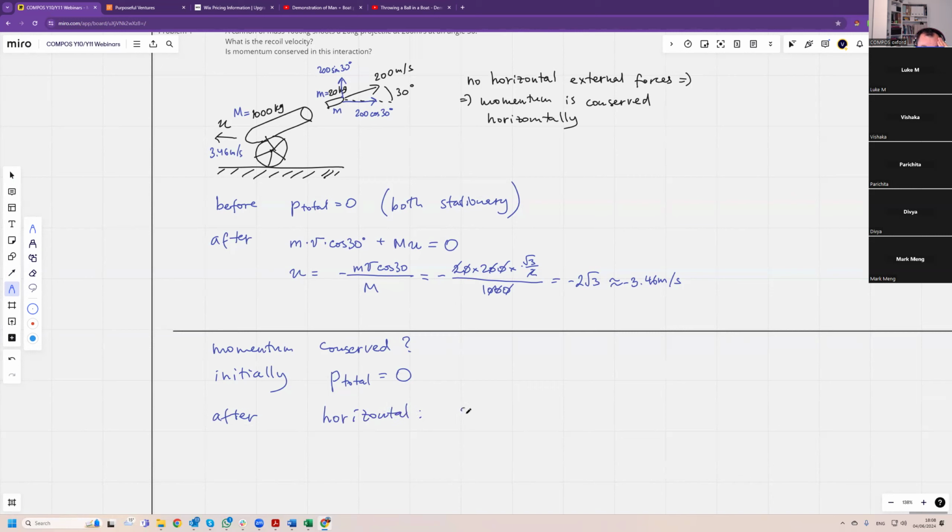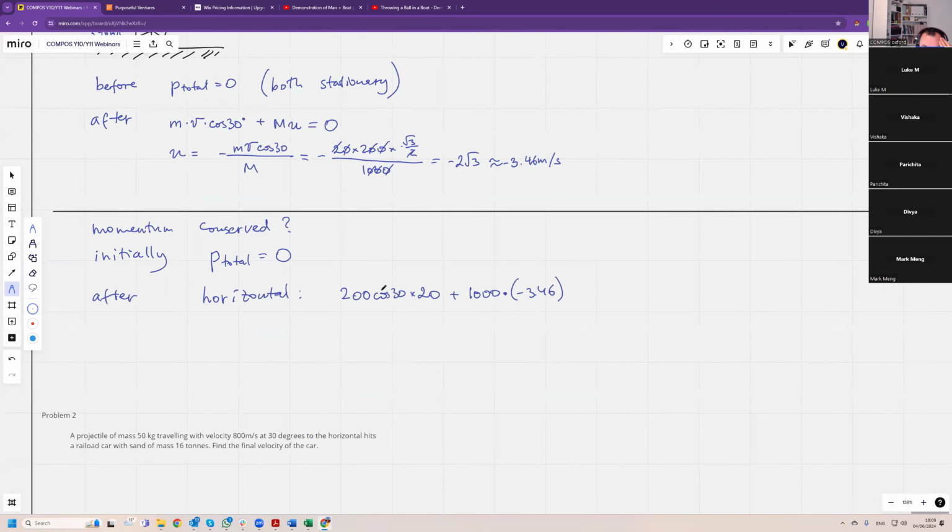So that's going to be 200 times cos 30 times the mass, which is 20, plus 1000 multiplied by minus 3.46. And if you do that calculation, that would be 0. So horizontal is conserved, yes. Conserved horizontally.